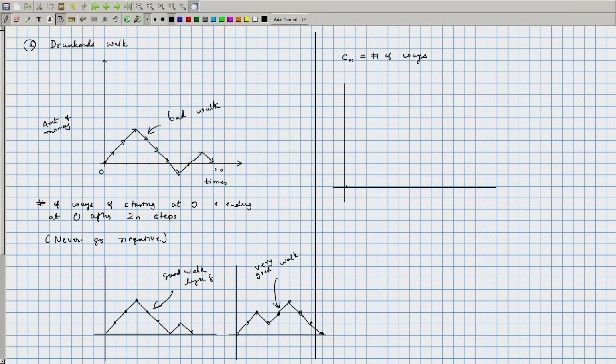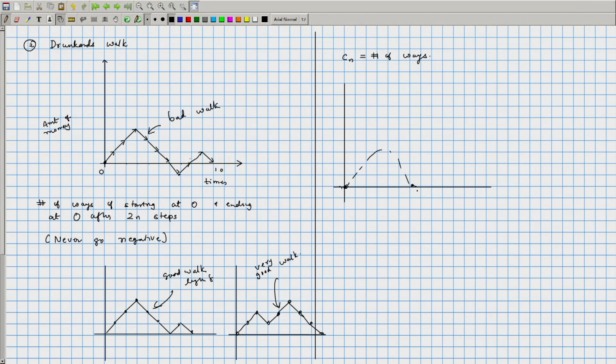Okay. So, let us look at some particular walk. Two things can happen. It starts at 0 and then it hits the x axis at some point of time and then again goes up, or it hits the x axis only at the very end. Okay. So, let us look at the first time when it hits the x axis.